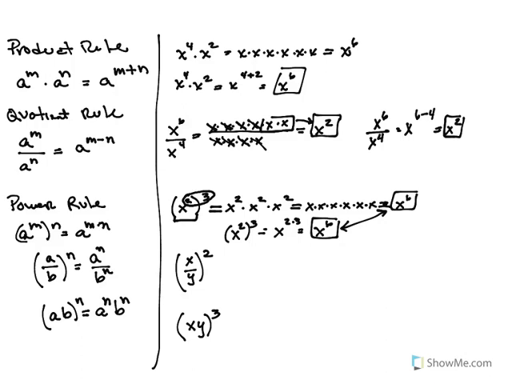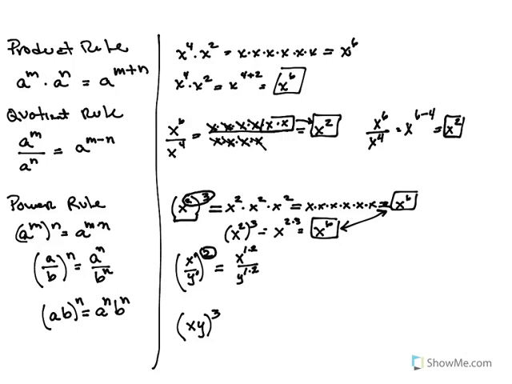Then here we have the power rule for a quotient. You have the quotient x over y with the exponent out here. Essentially, these are exponents of 1 on that x and that y. So x to the 1 times 2 over y to the 1 times 2.